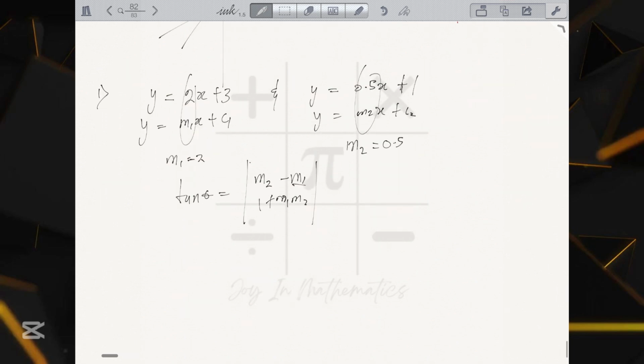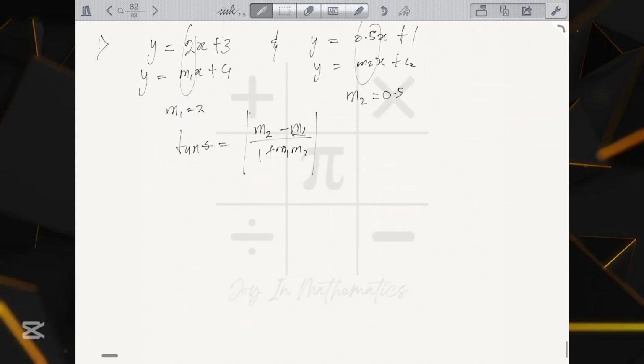So let's make our substitution. We have tan theta equals 0.5 minus 2 divided by 1 plus 2 multiplied by 0.5.